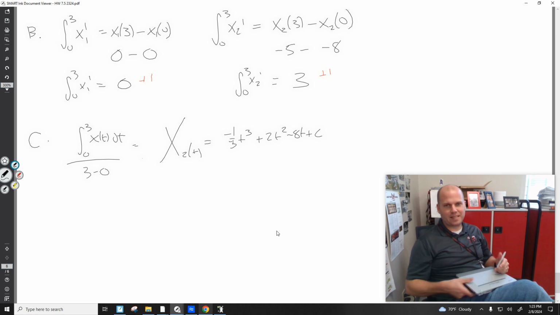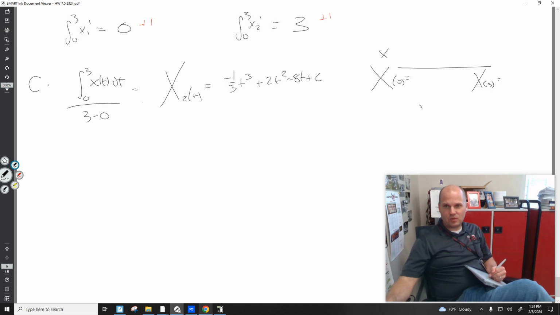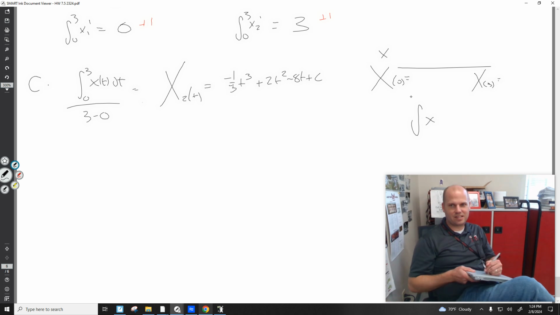When we subtract big X of 3 and big X of 0, x will tell me about big X of 0 and big X of 3. If I subtract these two values, I'll know how much we have accumulated. It's the same idea. The C's won't matter. We'll just subtract them.